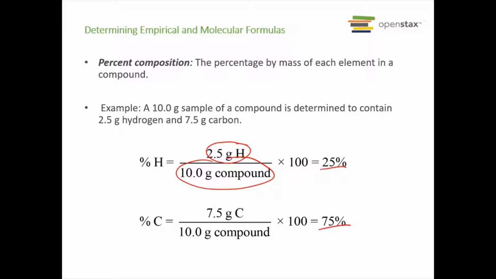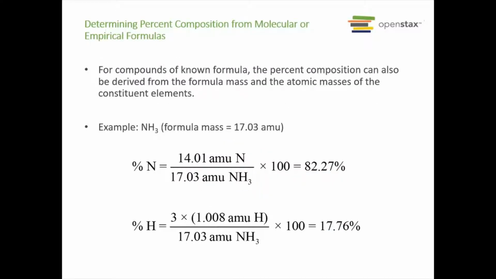So as long as you are given the masses of each element in a compound and then the total mass of the compound, you can figure out its percent composition. Now we can also do this if we know the formula of a compound, even if we weren't given the masses. So for example, let's say we have ammonia, NH3.